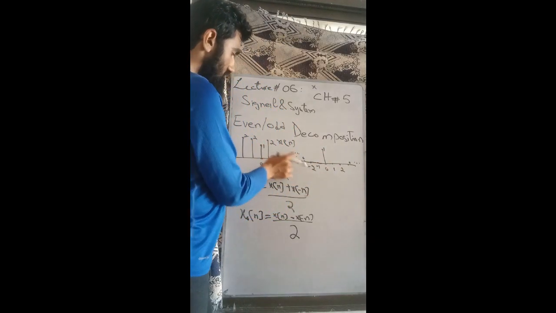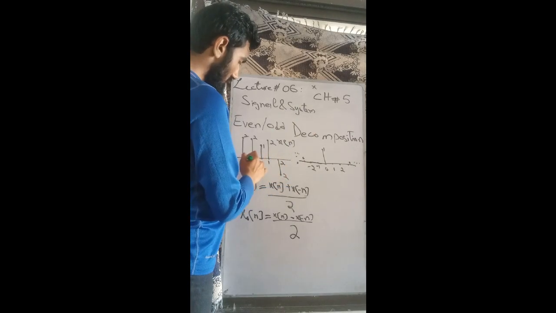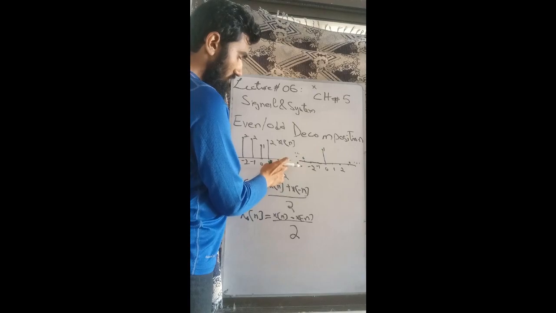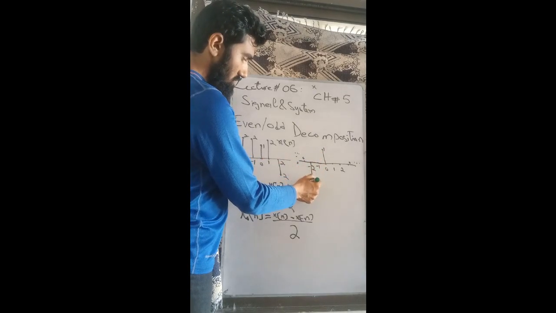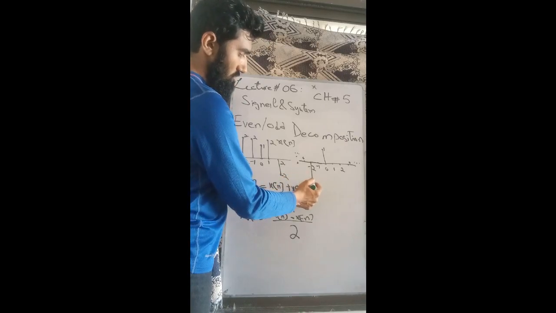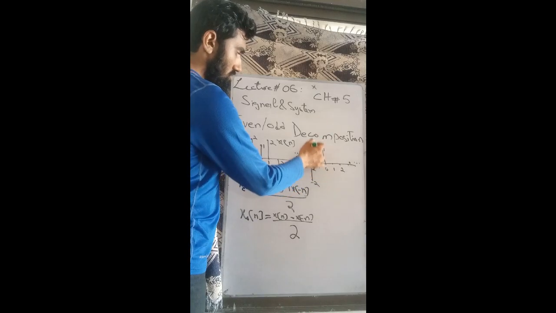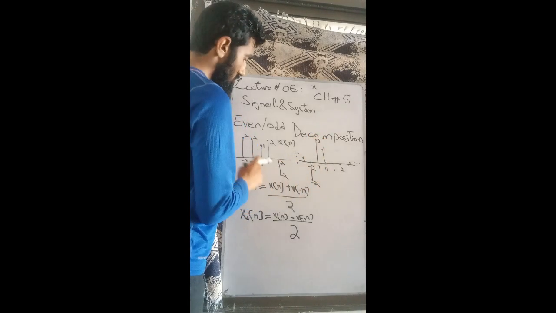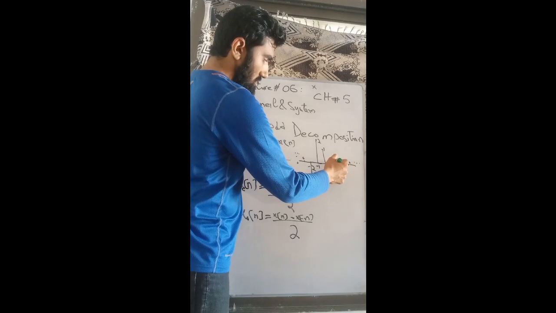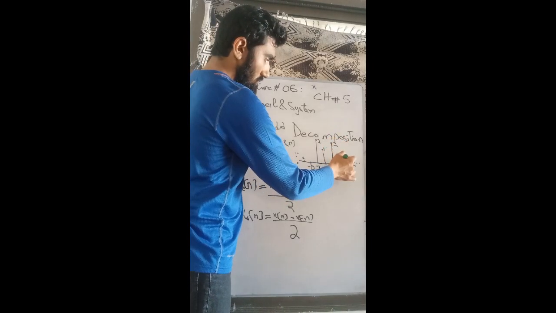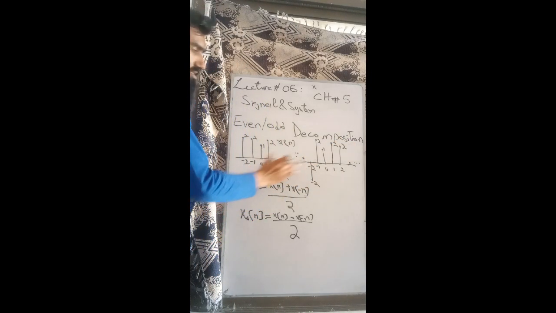So here it is 1, it is 2, it is minus 1, minus 2, and the value at 2 is 2, so at minus 2 it is minus 2, not 2, minus 2. So at 1 it is 2. So these two will go to the other side, and this will become 2 and 2. So this is the reflected version of this signal.